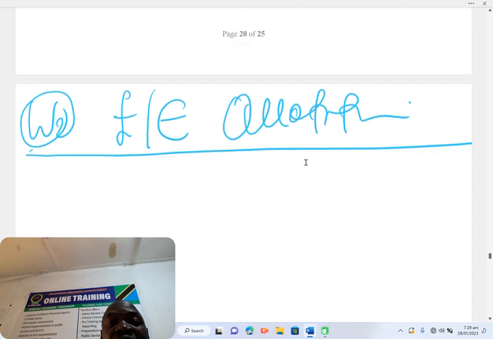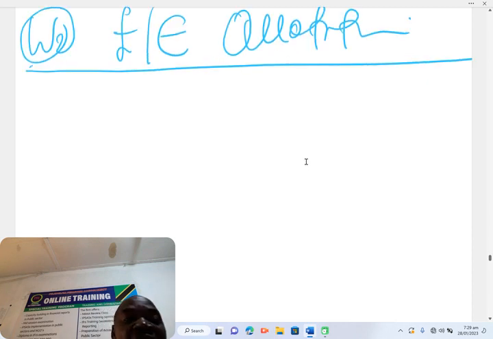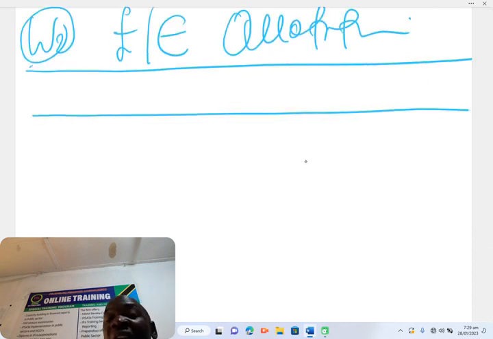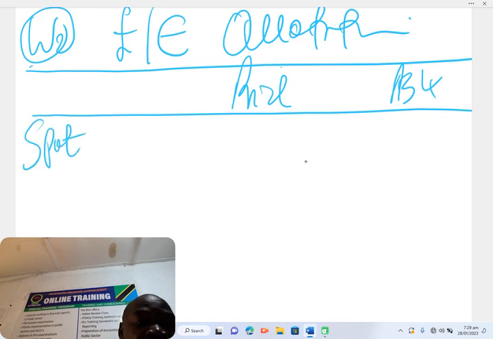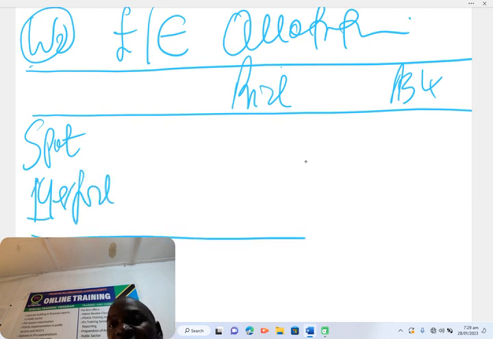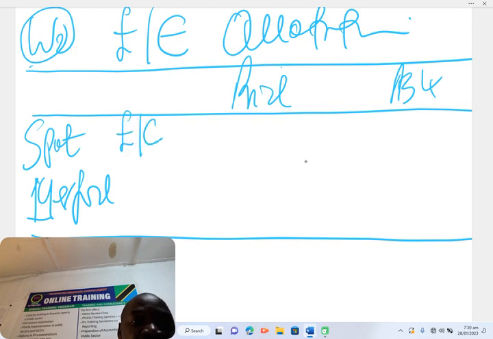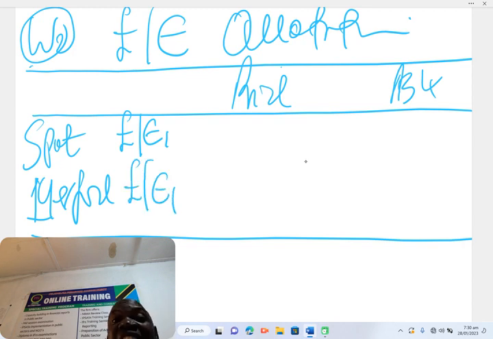So this quotation has been given, and you have bid, also you have ask, but also we have spot, and then 1 year forward. So this is pound stroke euro. So euro is the trading currency here.